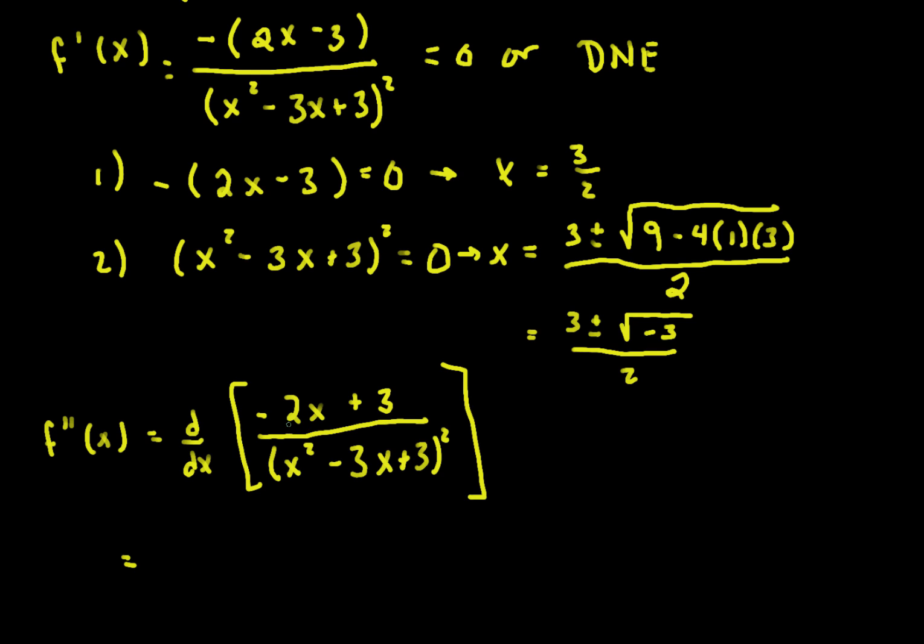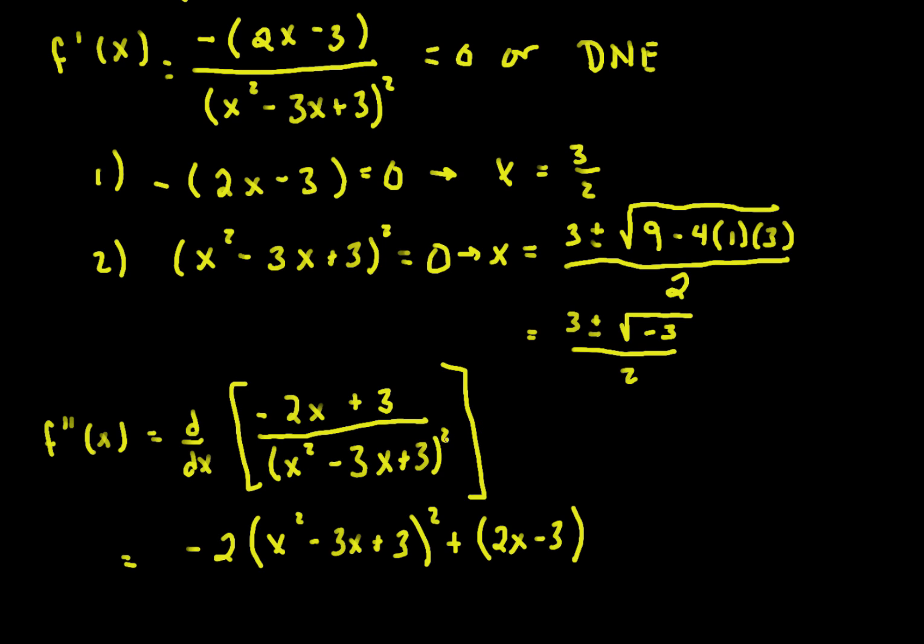So this is equal to the derivative of the top, which is negative 2, times the bottom, so that's x squared minus 3x plus 3 quantity squared, minus this whole thing, so it ends up being just plus 2x minus 3 times the derivative of the bottom.